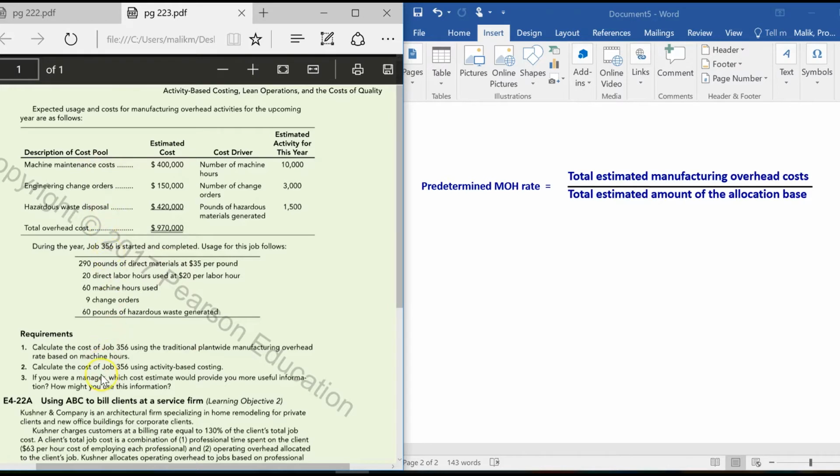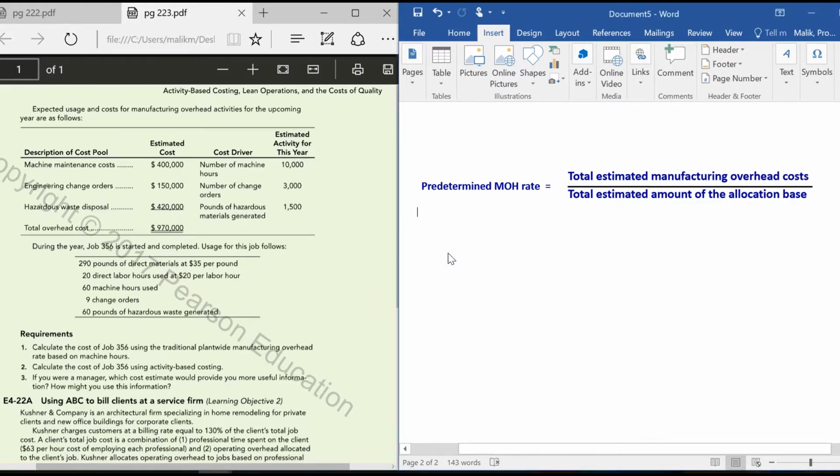That means to determine our manufacturing overhead cost, we will be using activity-based costing. And then in requirement 3, we will make some comments on which cost estimation method is actually giving us more useful information. So let's try to do that.